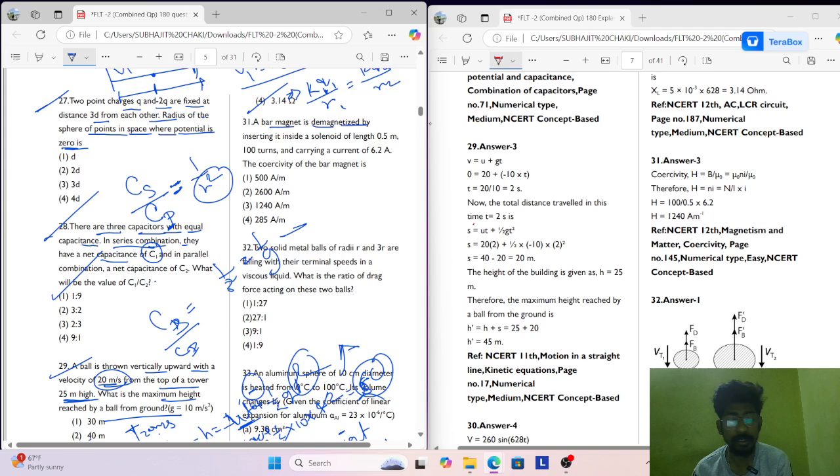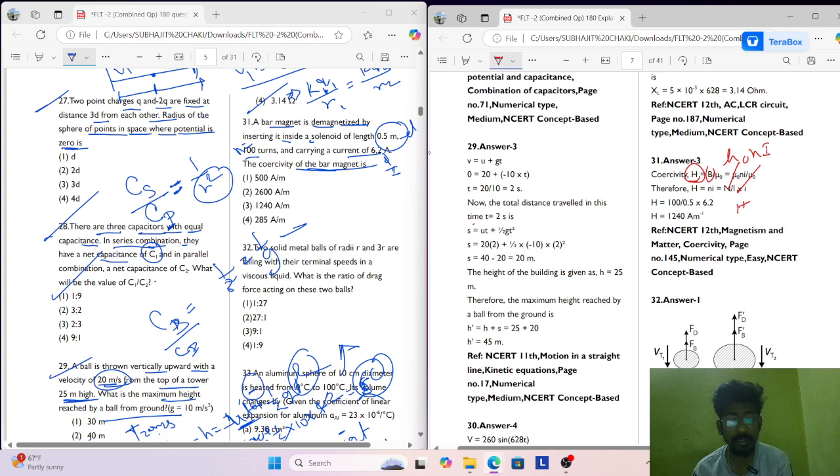A bar magnet is demagnetized by inserting it inside a solenoid of length L. L of solenoid is given, 100 turns N is given, carrying a current of I. The coercivity of the bar: coercivity is given by the formula H equals B by mu naught. And B for a solenoid is mu naught nI. Mu naught is 4 pi into 10 to the power minus 7, divided by mu naught will cancel out, right?